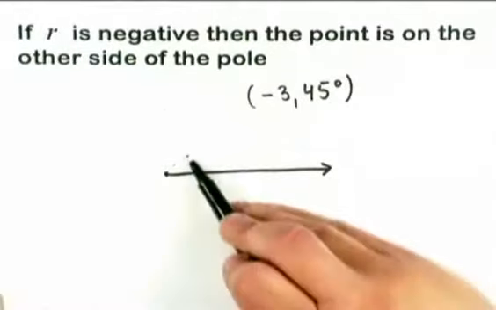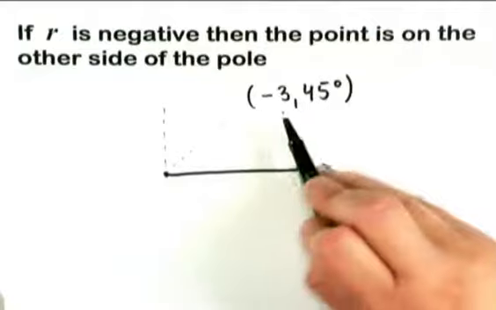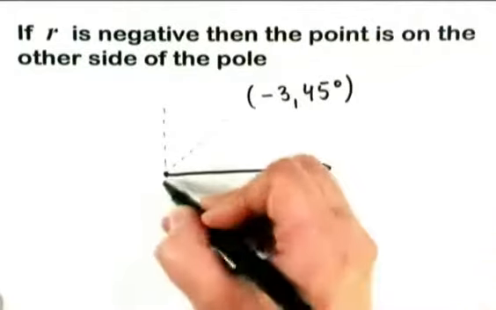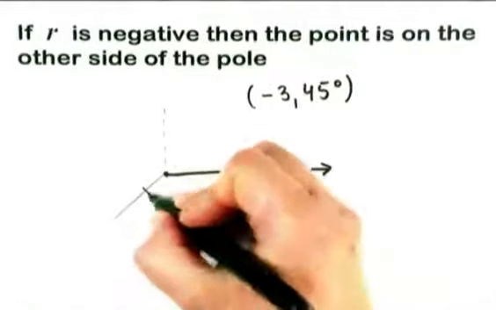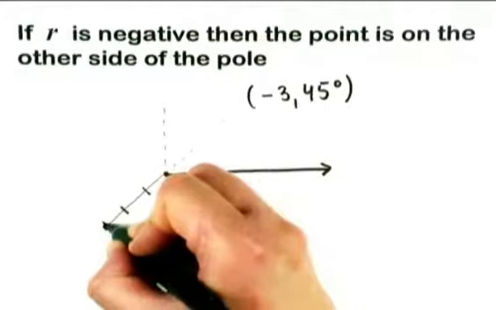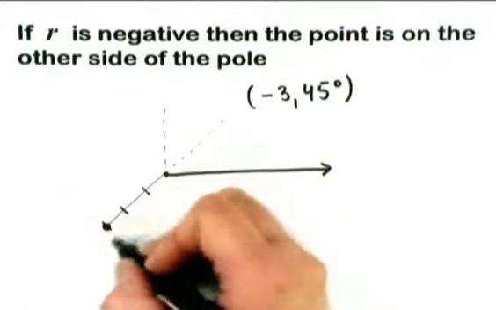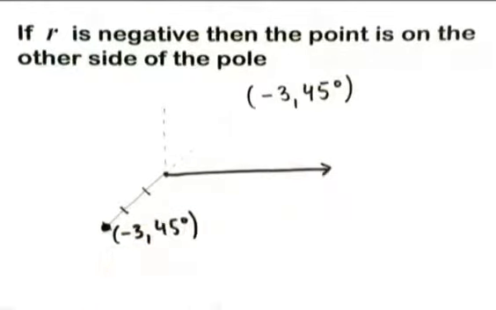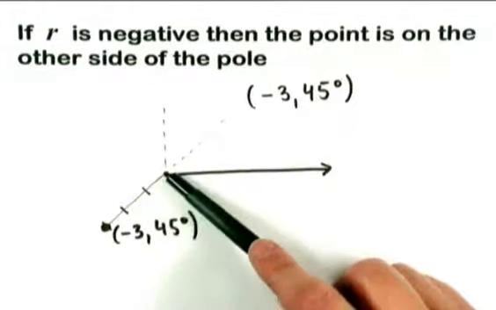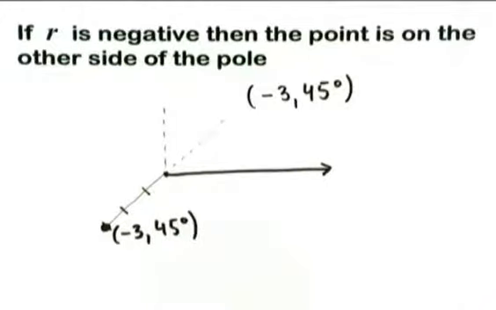Now it would be 1, 2, 3, but since it is negative, that means in the opposite side, so right here. The point is 3 units from the pole in a negative direction, (-3, 45 degrees). So when r is negative, the point is on the other side of the pole. And the unit we measure, either centimeters or millimeters, is up to us to specify.